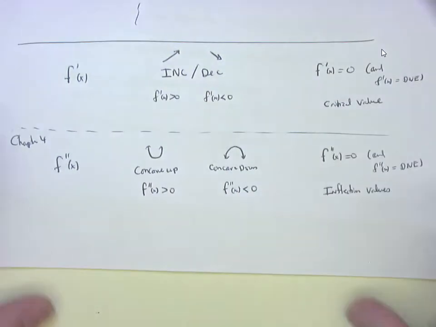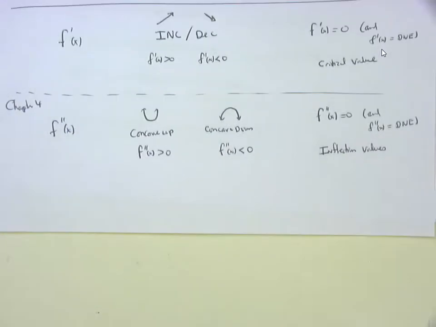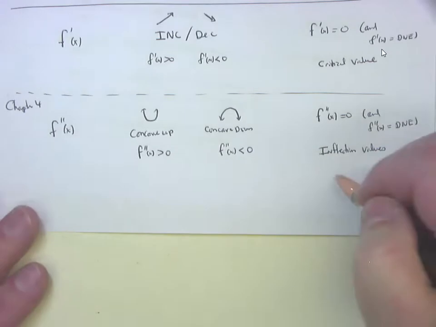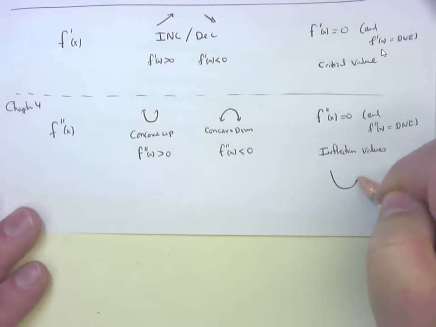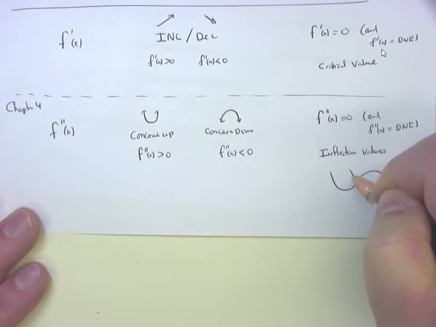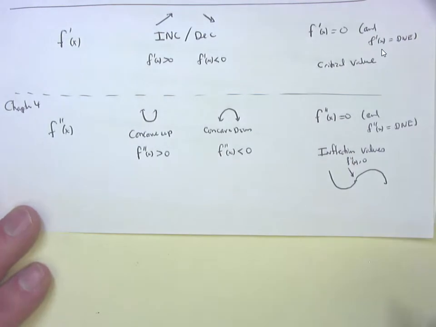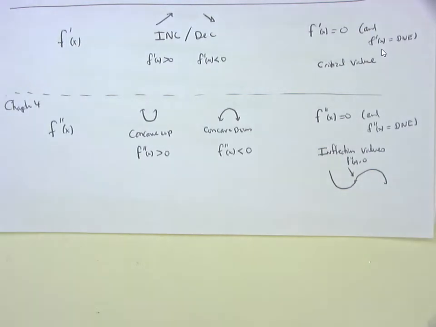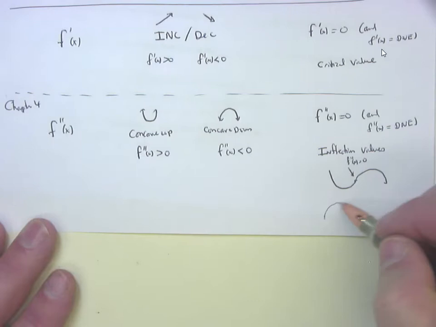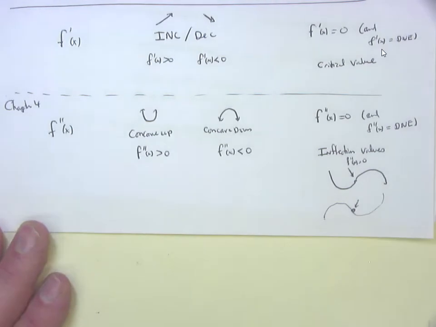So what exactly is going on here is this inflection point is where you literally change concavity. This is where the second derivative is equal to 0. I'm going from being concave up to being concave down. That's what you're looking for. Or it could be the other way around, concave down to concave up. These guys are your quote-unquote inflection points.